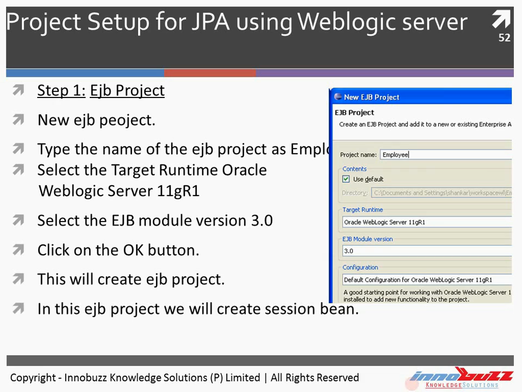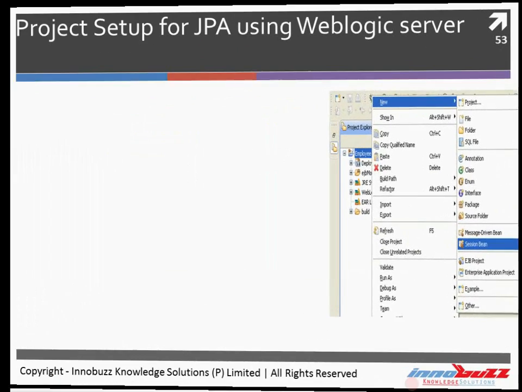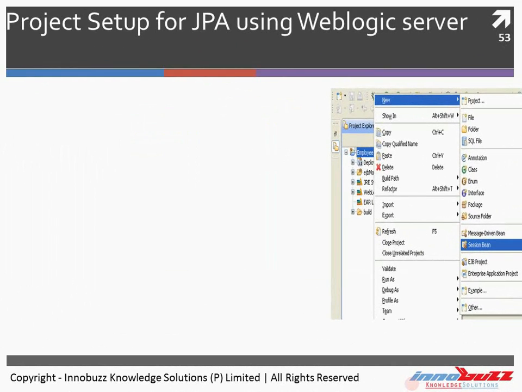Within this EJB project, you have to create a session bean, because session beans will connect to your entity beans. Always there should be session beans to connect to your entity beans. Entity beans can't be accessed directly by the client.